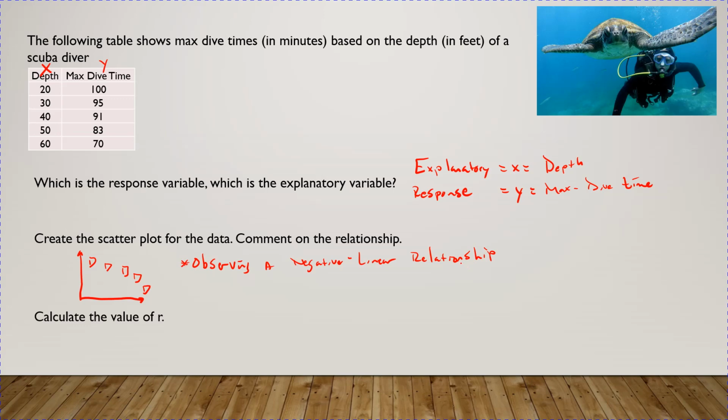All right, so we're going to calculate the value of r, and we're going to round to 4 decimal places. You're going to use the calculator for this, always, this TI calculator.